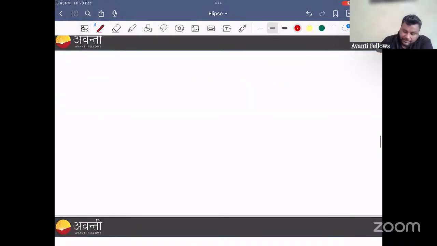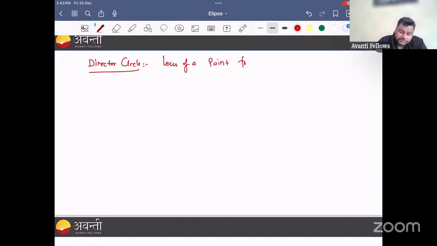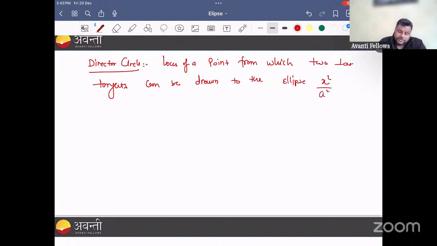Now, director circle. Director circle is what? Locus of a point from which two perpendicular tangents can be drawn to the ellipse x square upon a square plus y square upon b square equals 1.